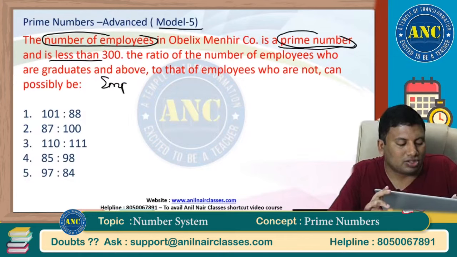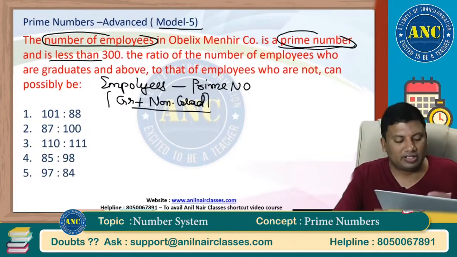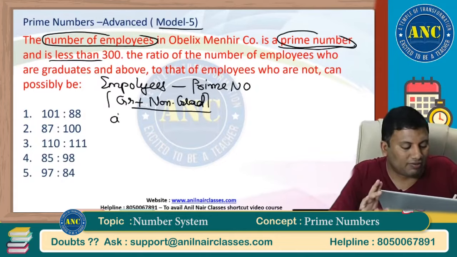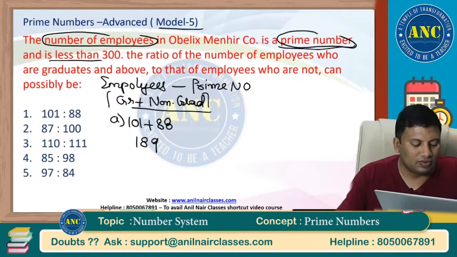So the total number of employees should be a prime number, and somebody are graduates, somebody are non-graduates. The sum should be a prime number. First one, 101 plus 88, which is 189.